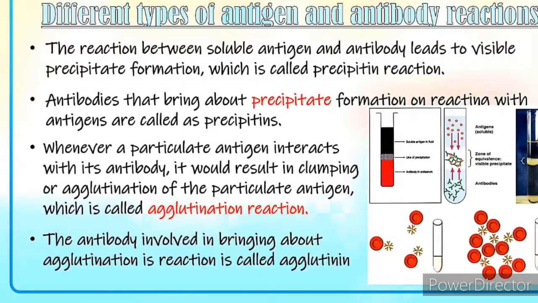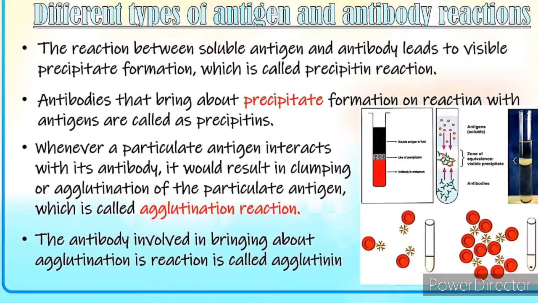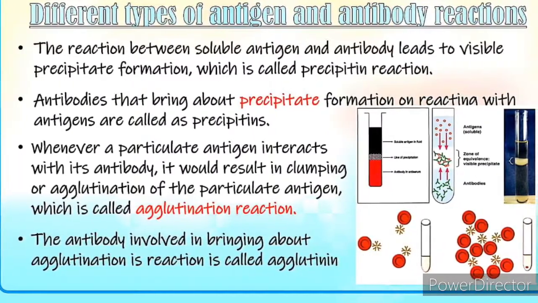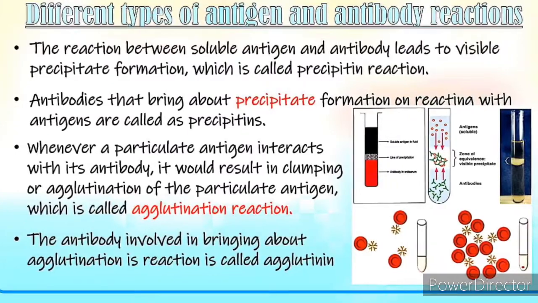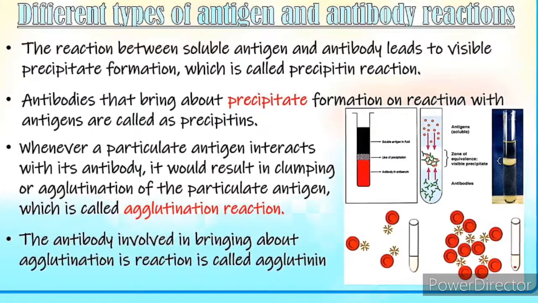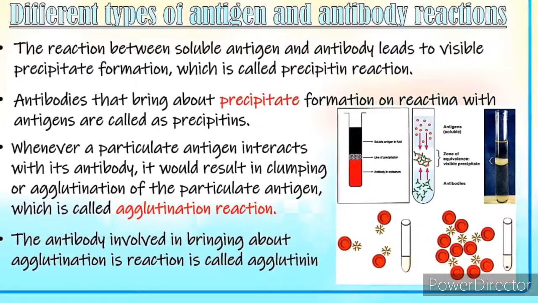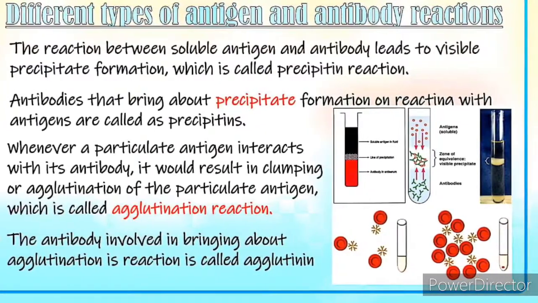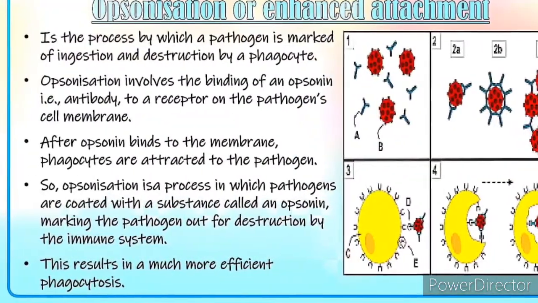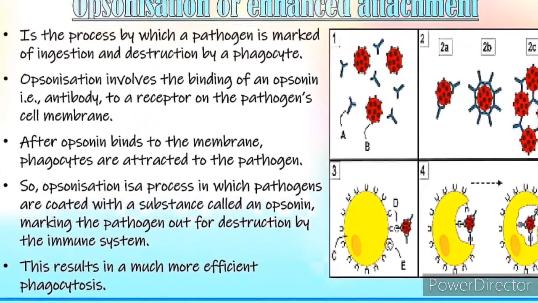Different types of antigen and antibody reactions. The reaction between soluble antigen and antibody leads to visible precipitate formation, which is precipitate reaction. Whenever a particulate antigen interacts with its antibody, it would result in clumping, or agglutination of the particulate antigen, which is called agglutination reaction.